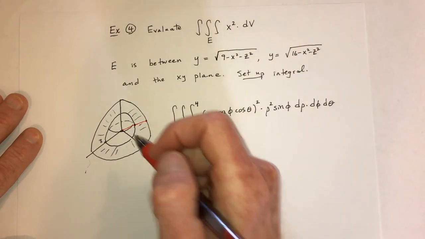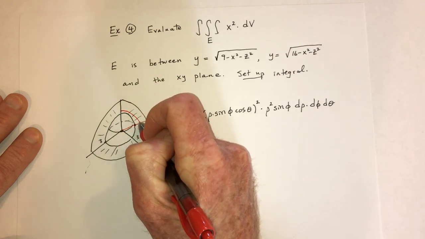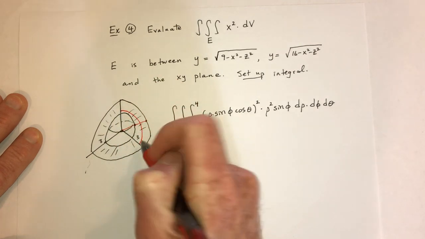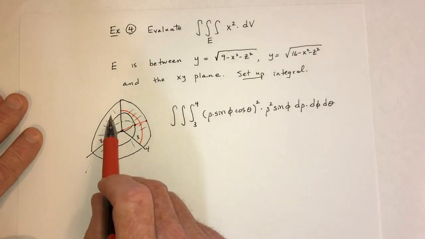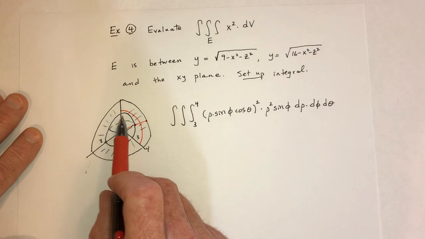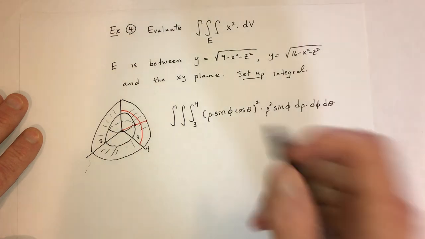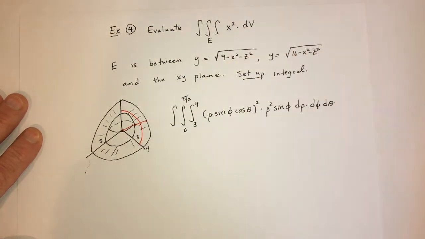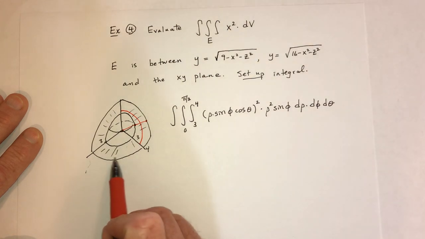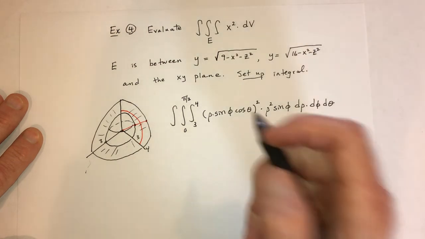Then for the phi, it's going to have to go from here until it gets all the way down to here, so that it's going to be the top half of a circle. So that would be from 0 to 90 degrees, or from 0 to pi over 2. And then the theta, it could go all the way around, so that would be from 0 to 2 pi.